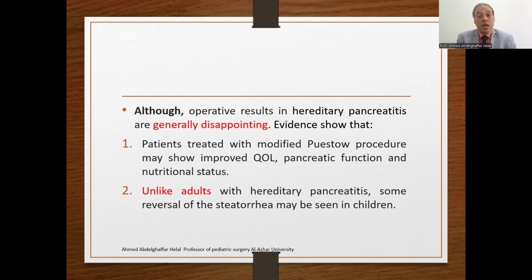Although the operative results in hereditary pancreatitis are generally disappointing, evidence showed in the pediatric literature that patients treated with the modified Puestow procedure may show improved quality of life, pancreatic function, and nutritional state. And also, unlike adults with hereditary pancreatitis, some reversal of steatorrhea may be seen in children after this procedure.